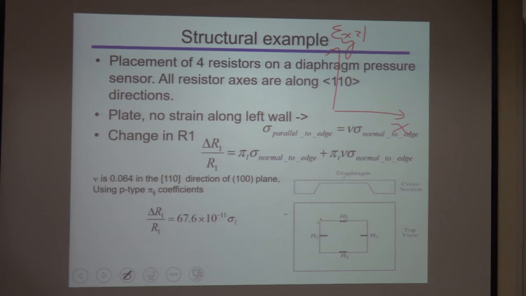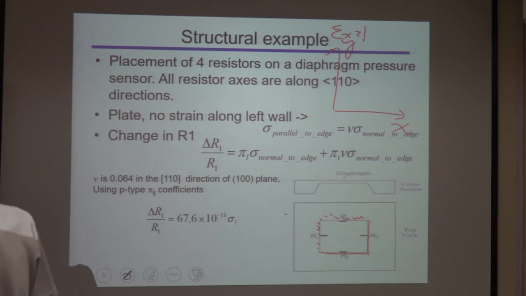The edge here is fixed, this edge is fixed, this edge is fixed. Those four edges are fixed to the wafer. Then along those four edges, there's no strain because they are fixed. They cannot become longer, they cannot become shorter. So there's no change in length, which means there's no strain at all.